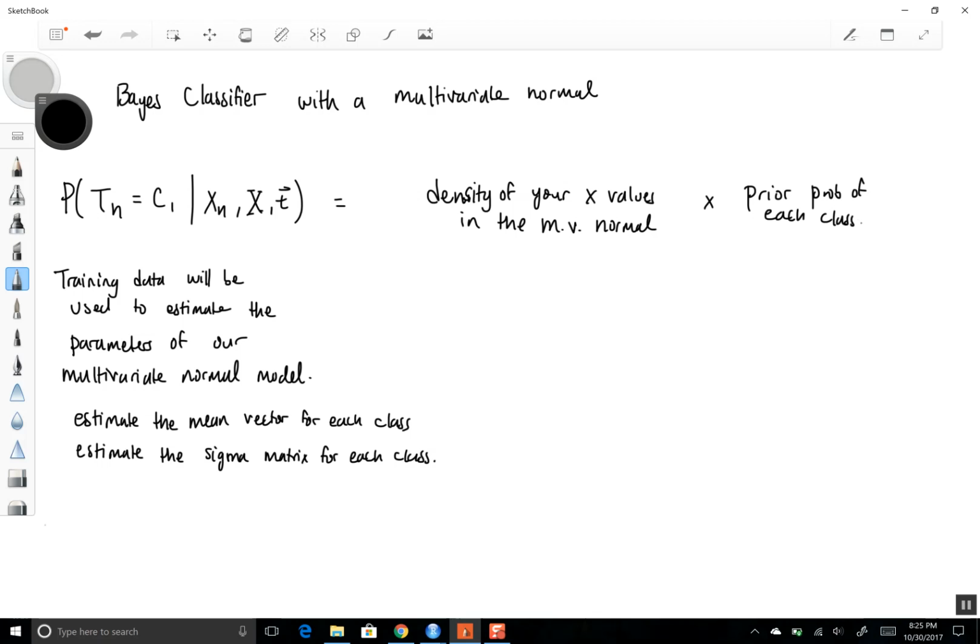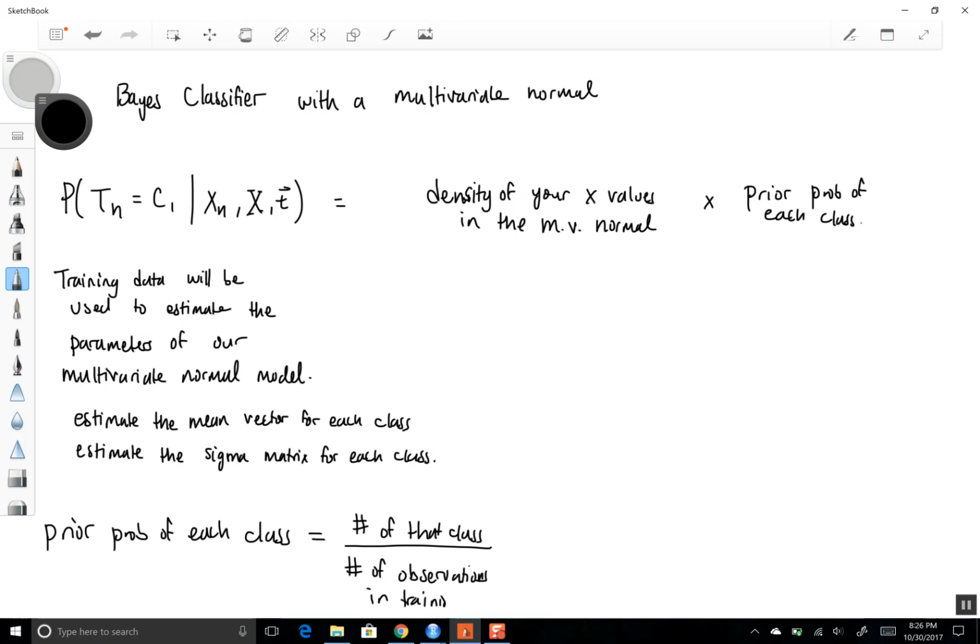I would write the prior probability of each class as the number in that class divided by the number of observations in the training set. So if you had 1,000 observations and 150 of them belonged to class 1, your prior probability of class 1 is 15%.